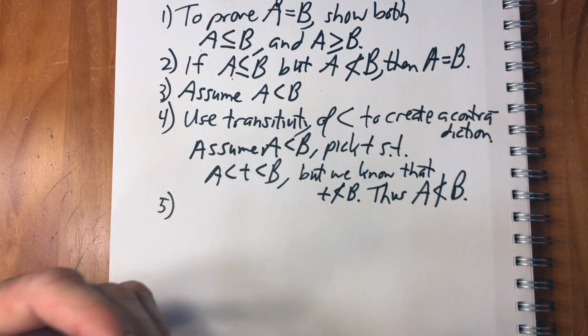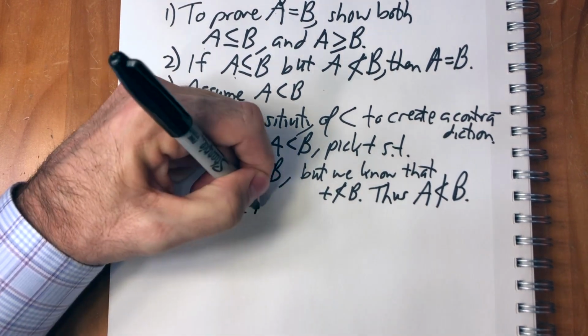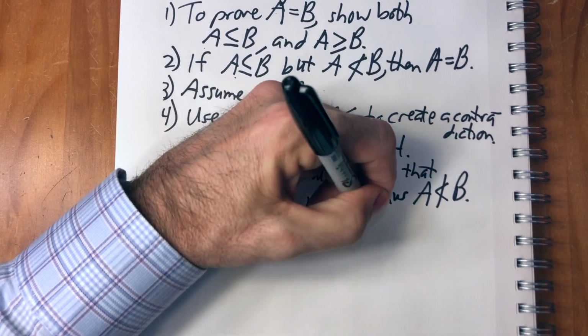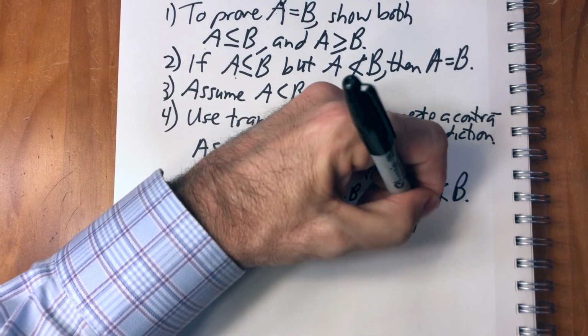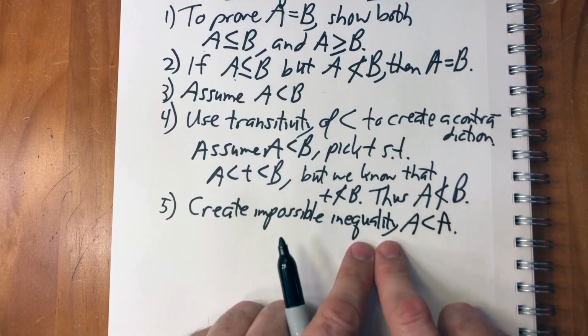5, similar to this one, you use transitivity to create an impossible inequality, that A is less than A. So if you can figure out a way to make A less than A, then that can't be true. You've reached a contradiction or an impossibility.